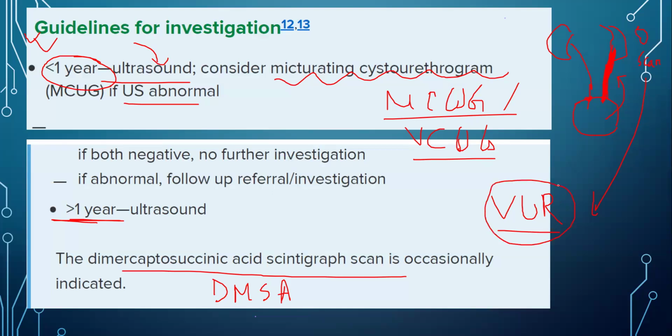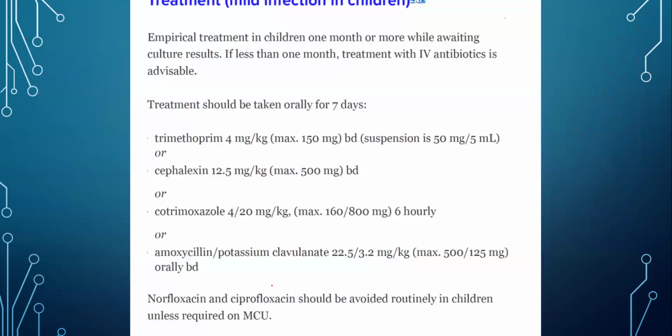Sometimes, if a child has VUR, which is backflow of urine from the bladder to the kidney, they can get a small kidney or scarring of the kidney. So to rule out scarring of the kidney, we do this DMSA. So there's a step-by-step approach.